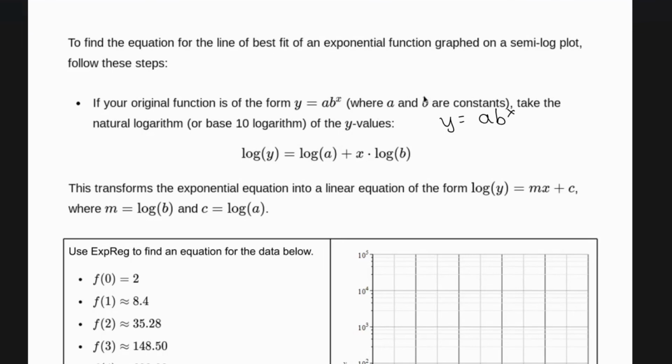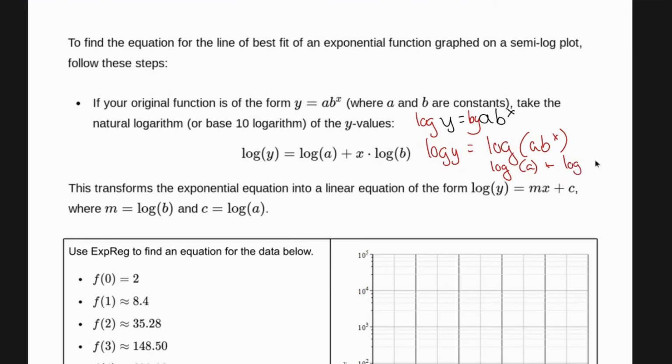Now, a line of best fit is going to be the logarithm of both sides. So it'll say log of y, log base 10 of y. So I would log both sides, right? So you become log y, and you become log of a times b to the x. Now, if I'm multiplying stuff inside the parentheses, that must mean I'm adding them outside of the parentheses.